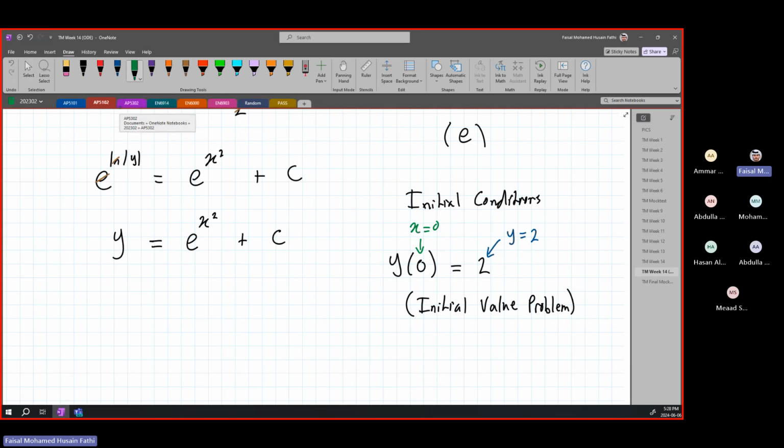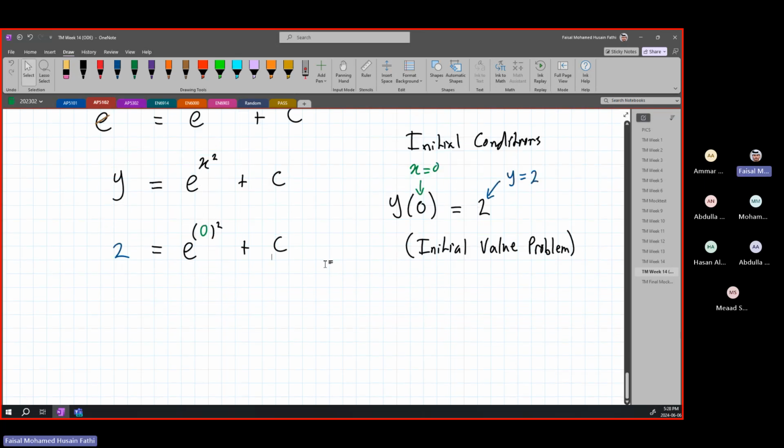So y is 2, 2 is equal to e to the power of 0. Y of 0, yeah, e to the power of 0 squared plus c. Okay?